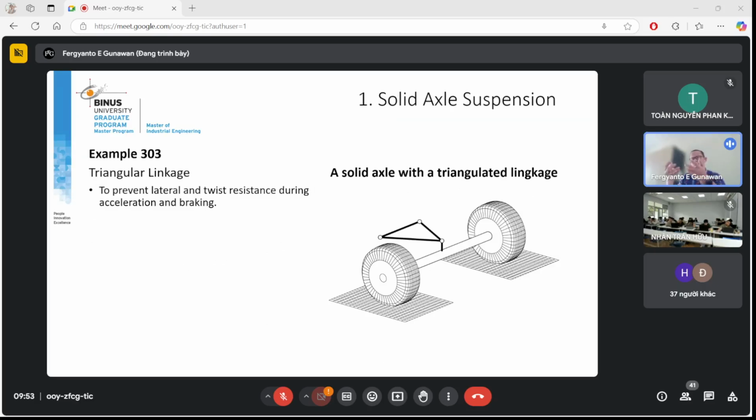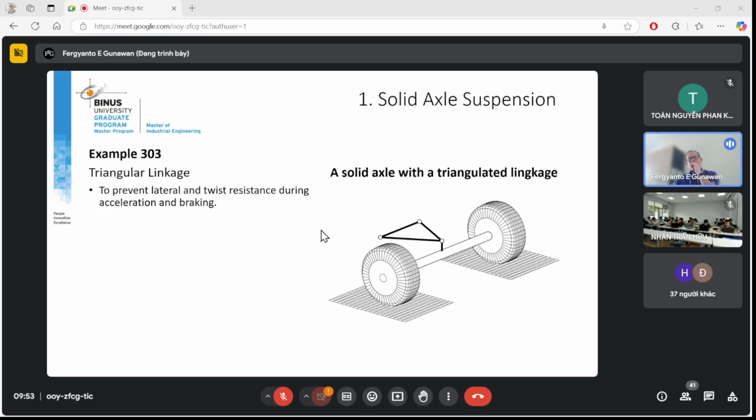So by introducing these two mechanisms to the suspension system, we can reduce the forward movement or the longitudinal movement, and also the lateral movement. So the only movement allowed by this suspension is a vertical movement. Okay, so this is one of the solutions.